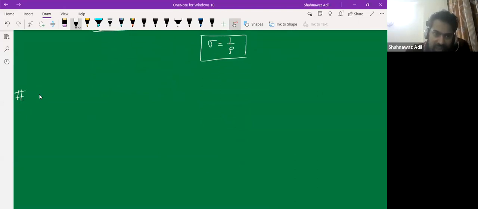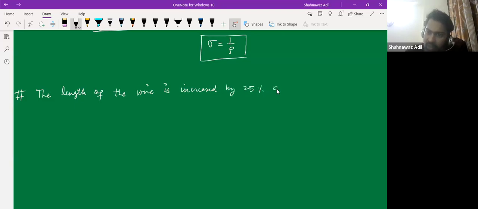And let us do one question, and after that we will talk about the other property of the conductor. So let's say that the length of the wire is increased by 25%, and the area is decreased by 25%.